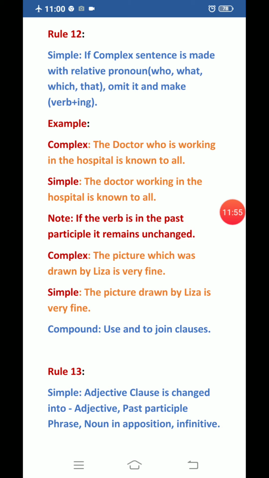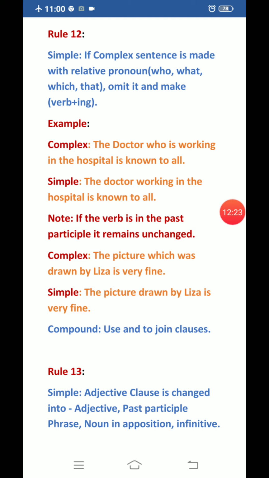Simple sentence: The doctor working in the hospital is known to all. Note that if the verb is in the past participle, it remains unchanged. Complex sentence: The picture which was drawn by Lisa is very fine. Simple sentence: The picture drawn by Lisa is very fine.